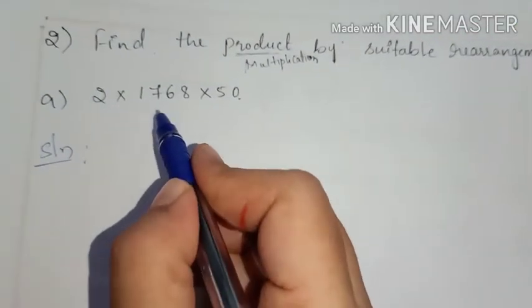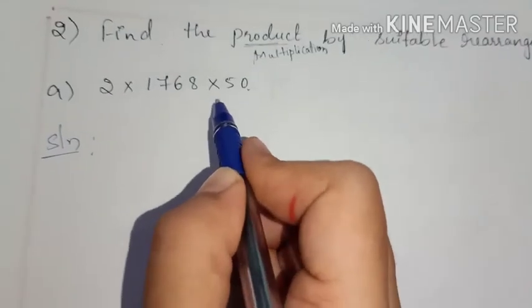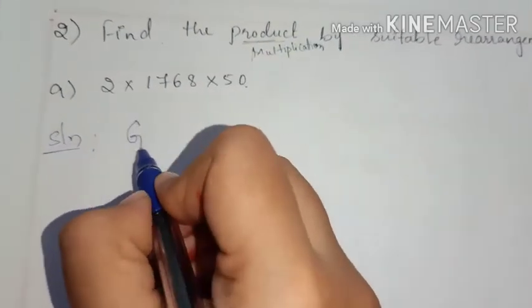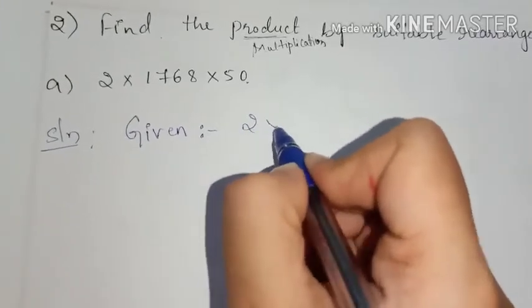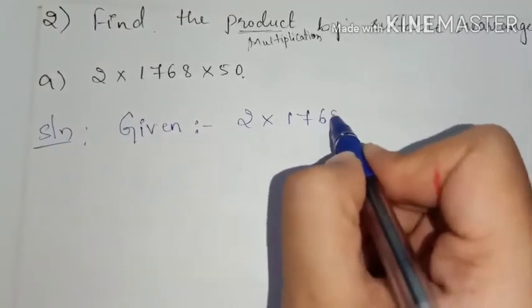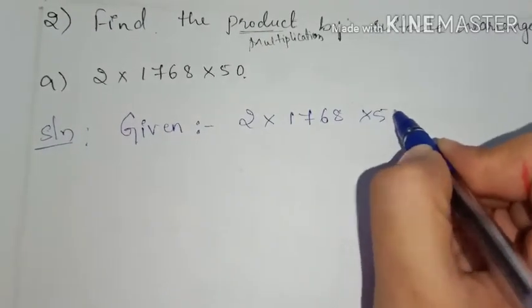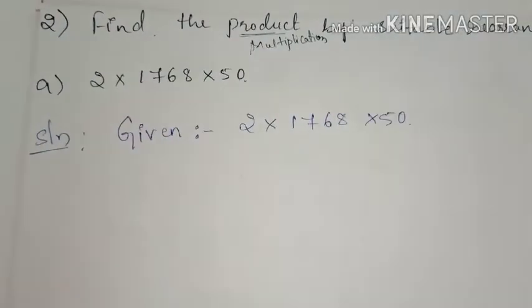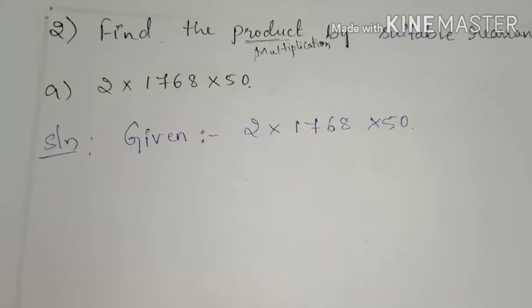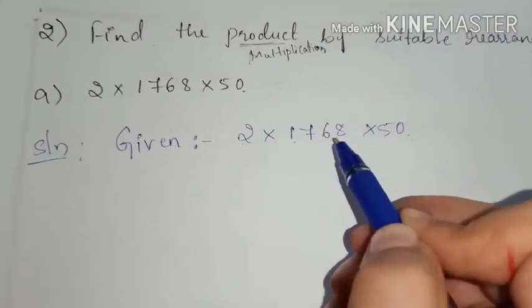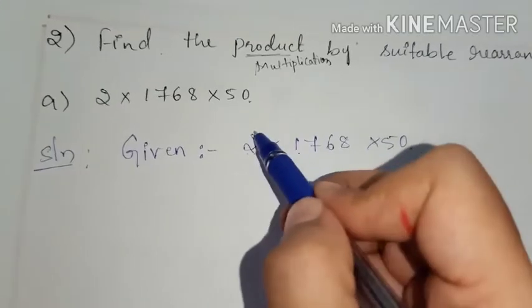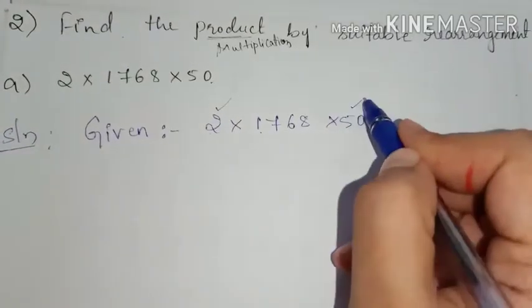See, by suitable arrangement. Write down the solution for the first question. 2 into 1768 into 50. The first step is to write the given: 2 into 1768 into 50. Fine. Now you have to do the arrangements. So instead of multiplying 2 into 1768, it is easy to multiply 2 into 50.